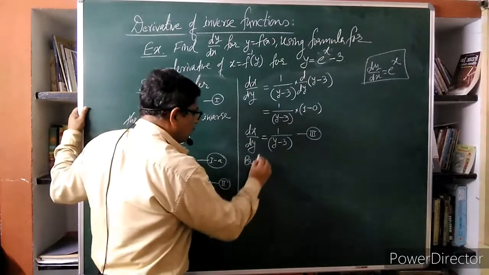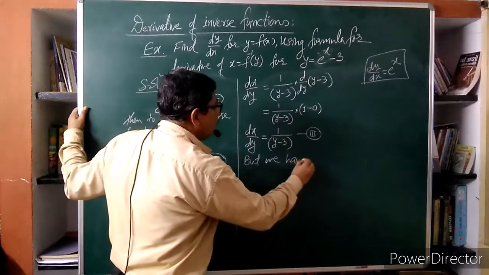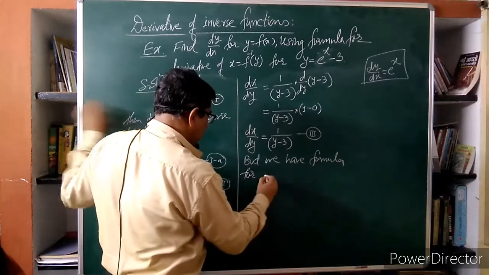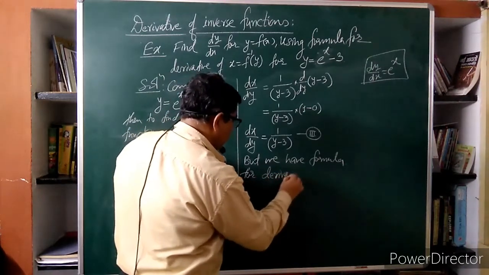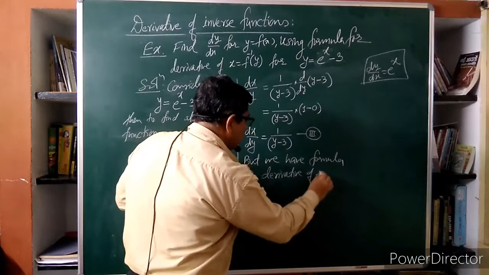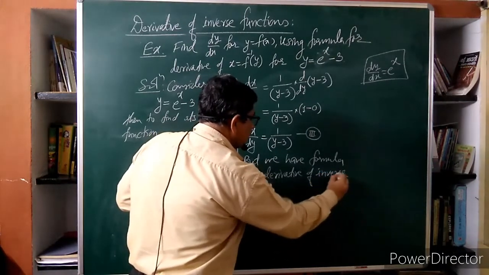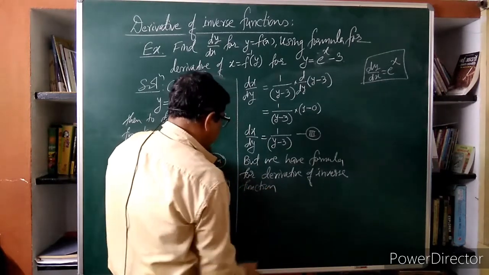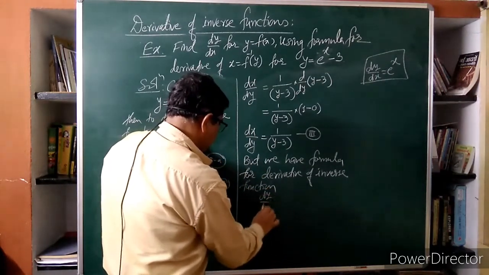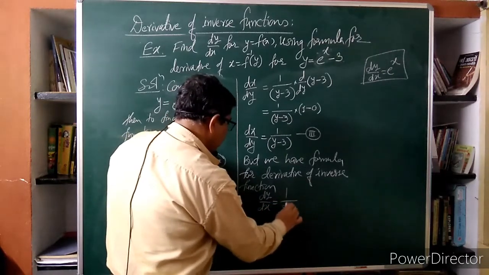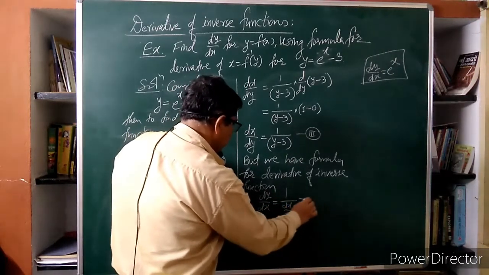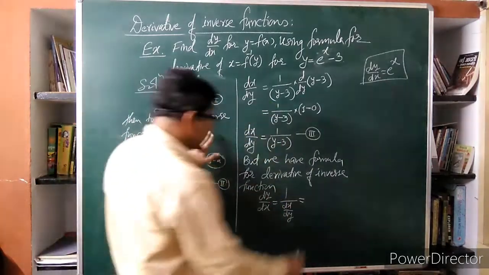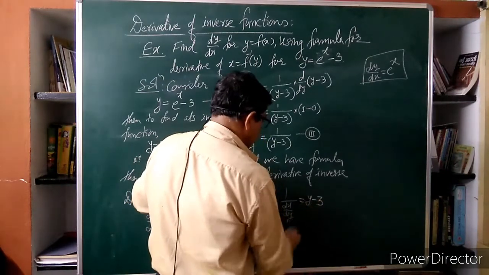But we have the formula for derivative of inverse function. What is that formula? dy by dx is equal to 1 upon dx by dy. dx by dy is 1 upon y plus 3, so 1 upon dx by dy will be its reciprocal, it is y plus 3.